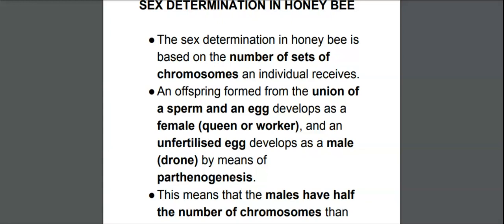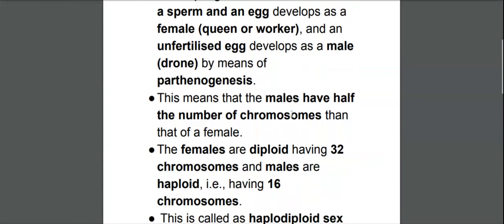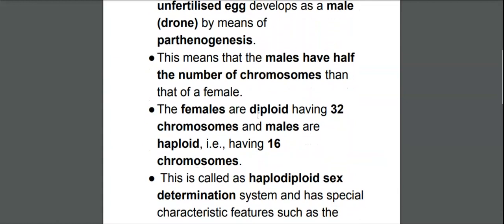So, this is the meaning of the second point. Therefore, males receive half the number of chromosomes than females. This point is to be kept in mind. If we take the diploid number of chromosomes in honeybee as 32, you will find that the females are diploid and have 32 chromosomes, while the males are haploid having 16 chromosomes.